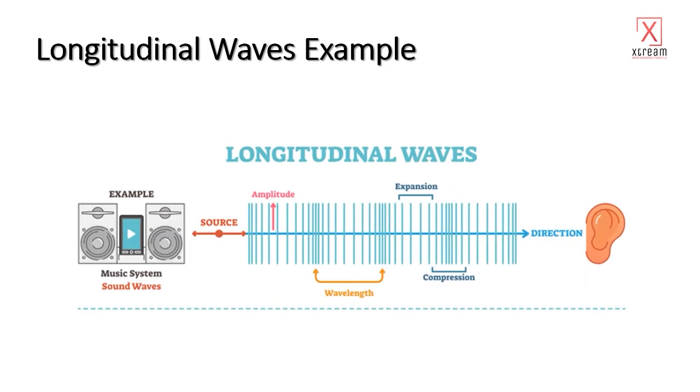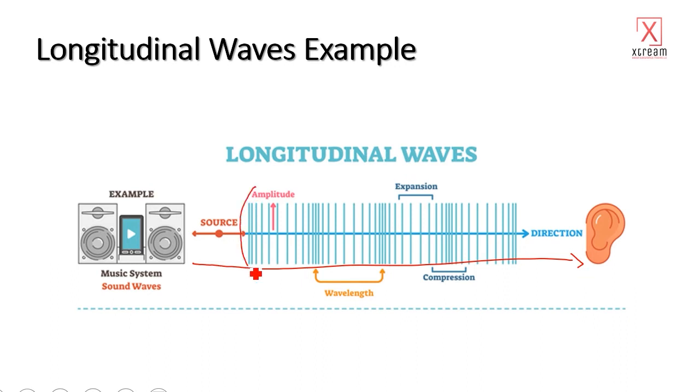Here is the sound source I was talking about. Here we have a loudspeaker or music system. It is generating longitudinal waves. The longitudinal waves propagate from the source to the receiver in the form of compression and rarefaction.